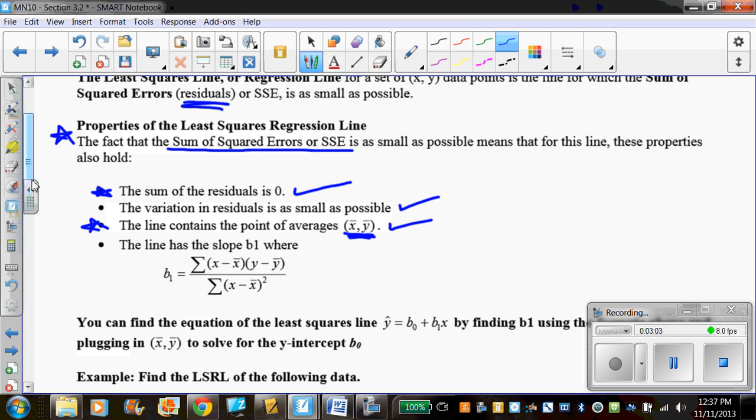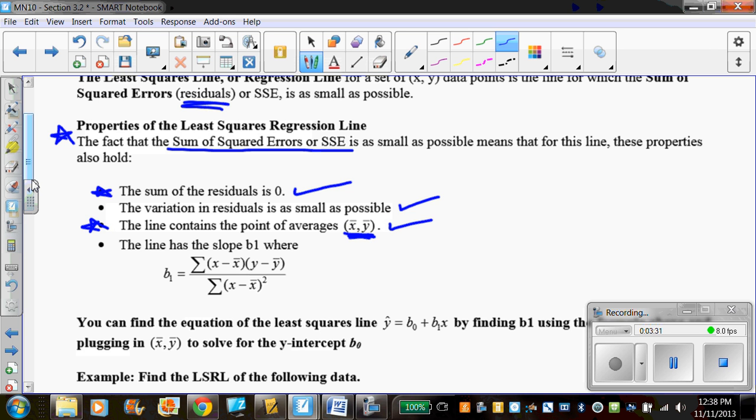And then lastly, this monster right here, the line has a slope b, technically it's supposed to be b sub 1, where b sub 1 is equal to the sum of the x observed minus the x mean times the quantity of the y observed minus the y mean, divided by the sum of the quantity x minus x bar, squared.